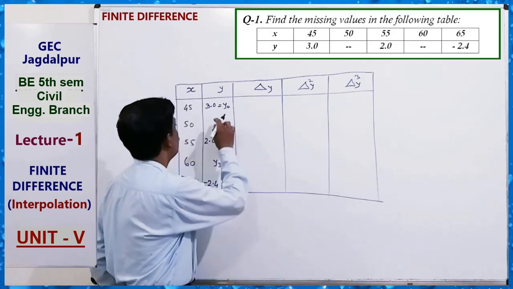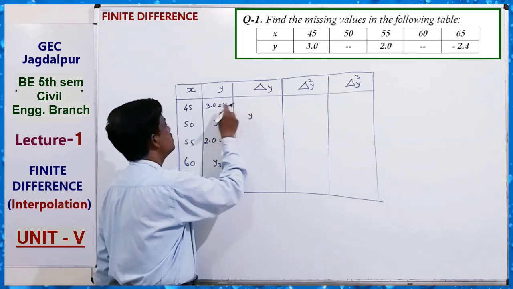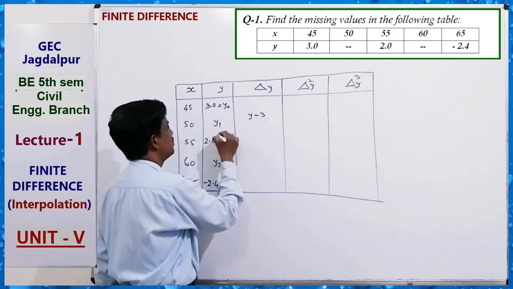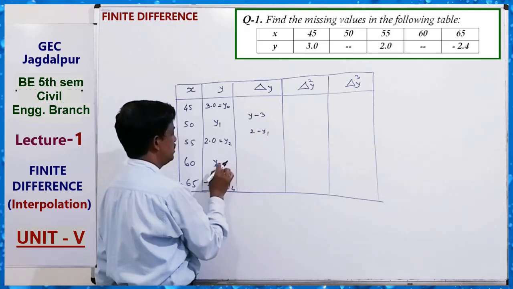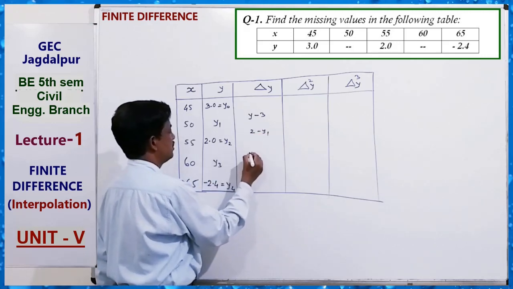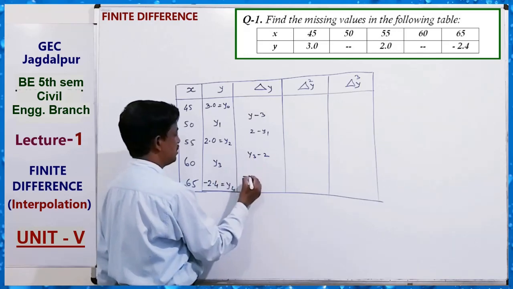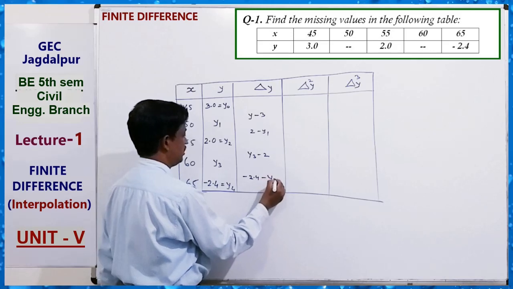So here the first differences: y1 minus y0, this is y1 minus 3, and here 2 minus y1, here y3 minus 2, here y4 minus y3, that is minus 2.4 minus y3.